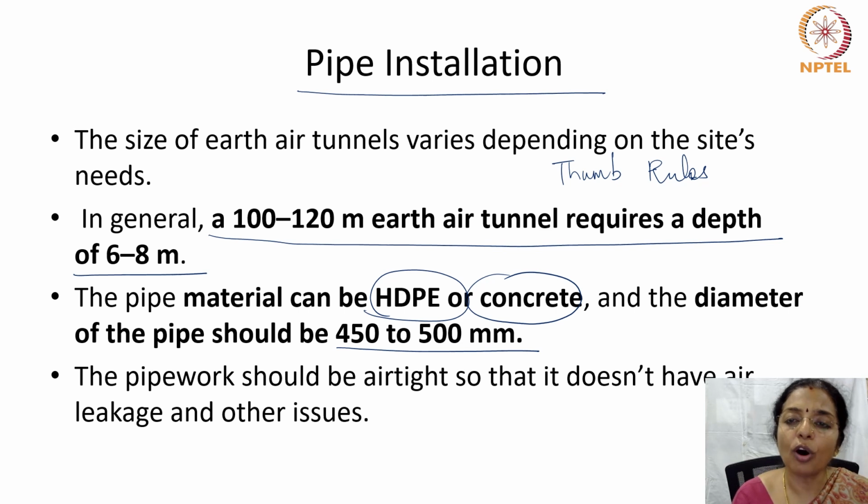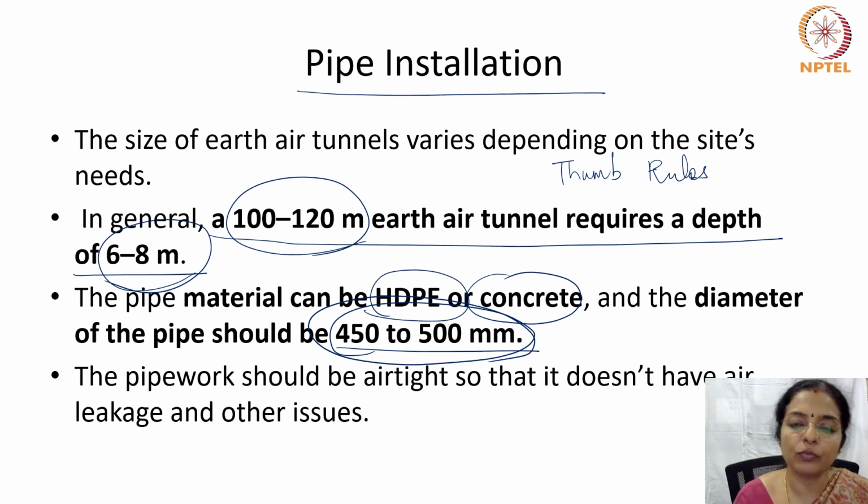All the dimensions that I mentioned here, which are the length of the tube, the depth at which it should be laid, and the diameter of the tube, are thumb rules which can be followed. The pipe work should be airtight so that it does not have air leakage. If air leakage happens, it is not going to be effective. There can also be other issues like moisture or water creeping in, or roots of soil creeping in through a hole.